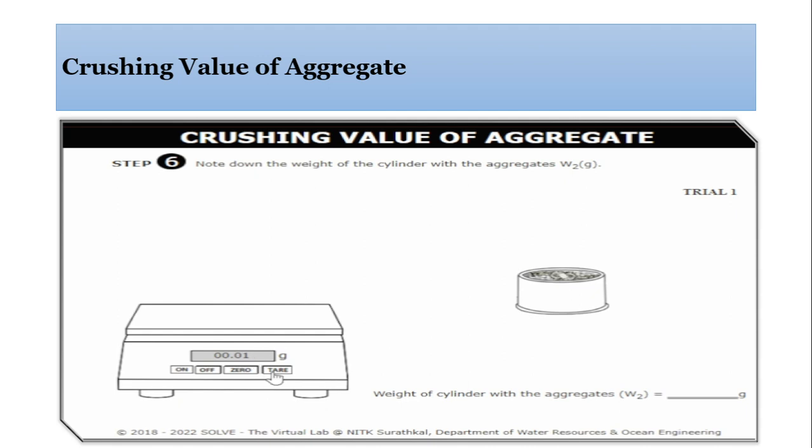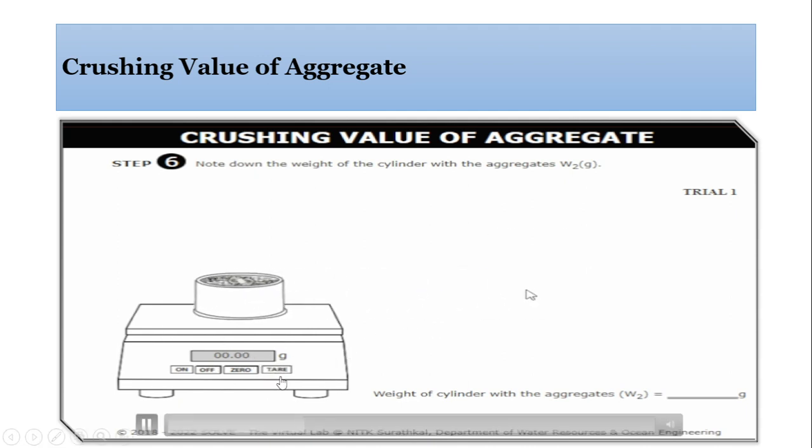Place the mold on the weighing balance and measure the total weight of the cylinder with the aggregates. So we calculate the weight of aggregate.